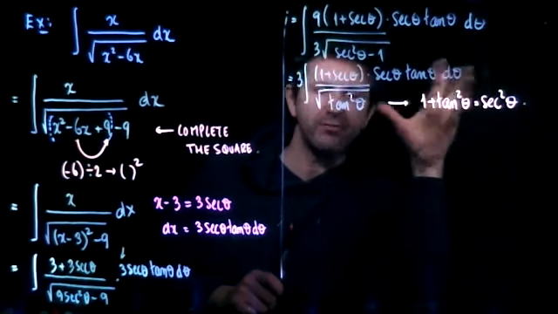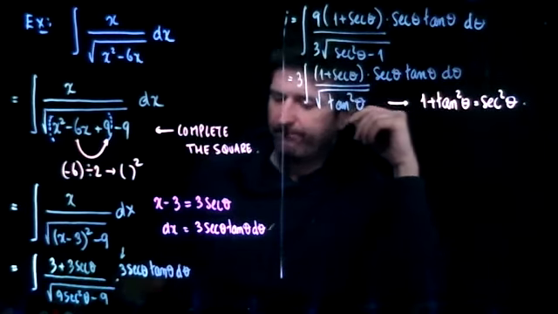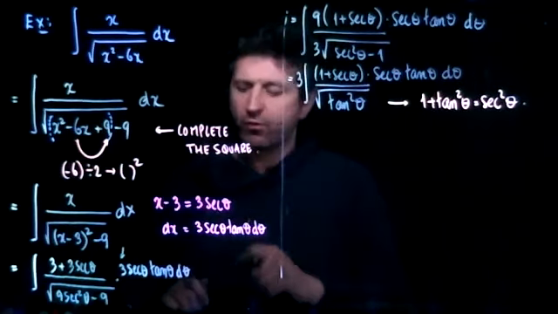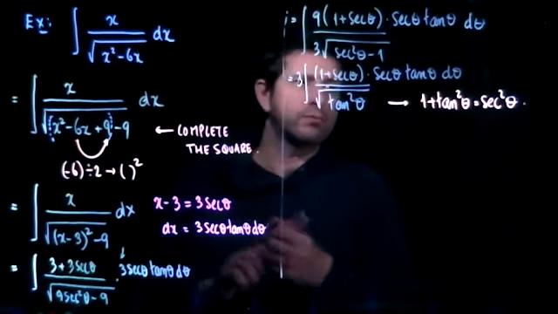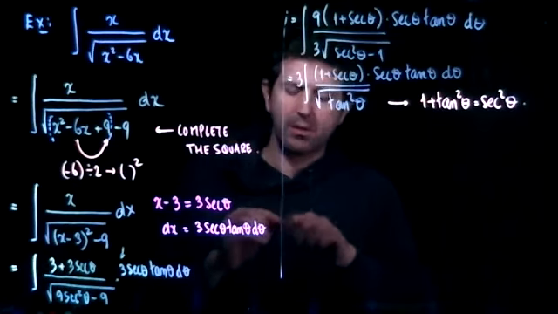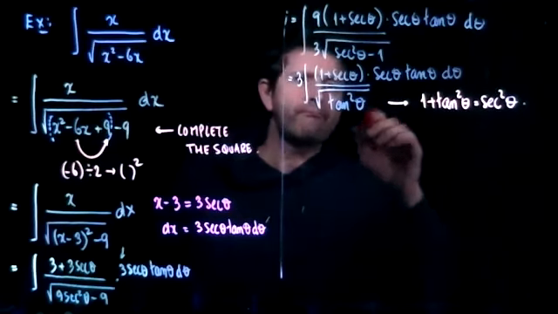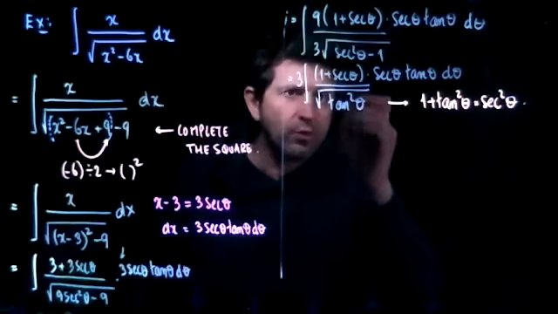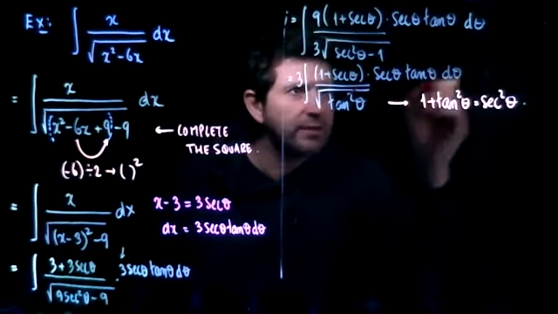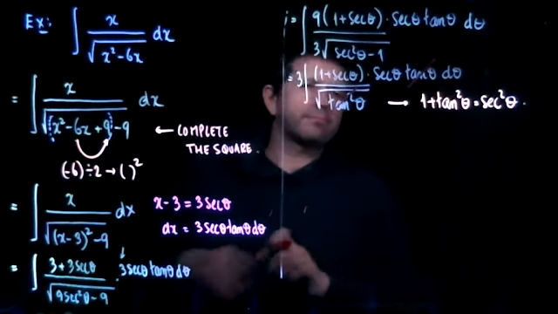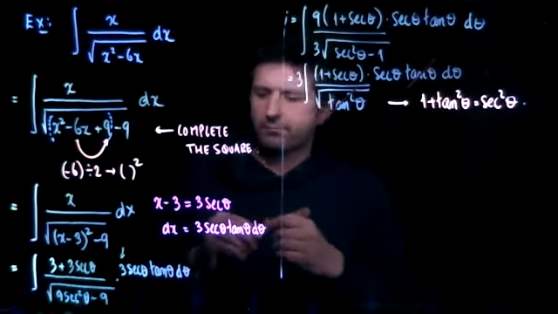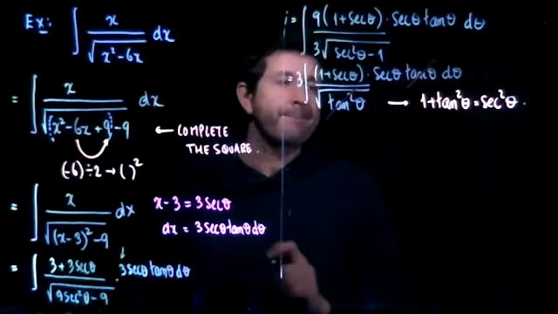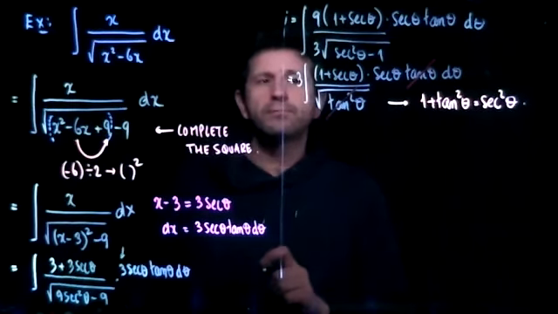Maybe you'll visualize it if you have an image in your head. So maybe a review of trigonometry would be good. So the square root of tangent squared is tangent, and this crosses out with this tangent. Okay, so far?